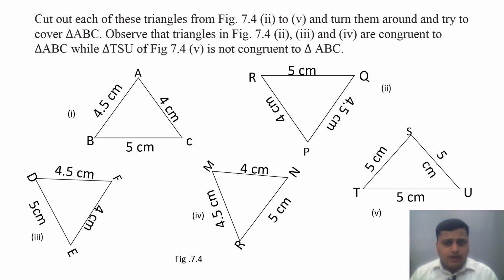Try to cover them with the original one, that is triangle ABC. What you will observe is that the second, third and fourth are congruent to triangle ABC, while triangle TSU of figure 7.4 is not congruent to triangle ABC.